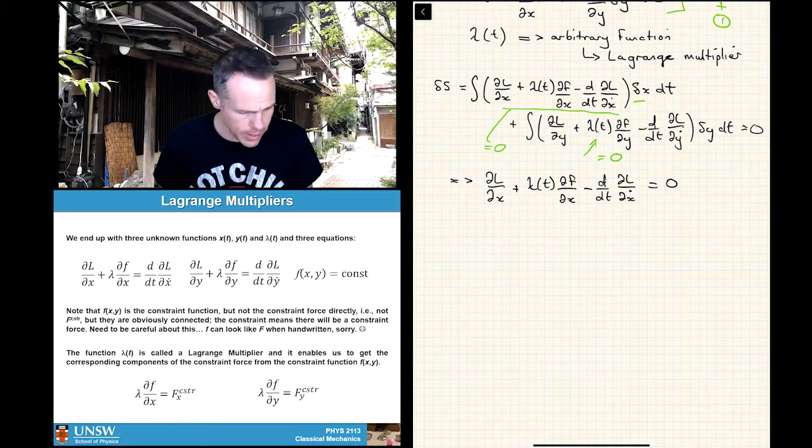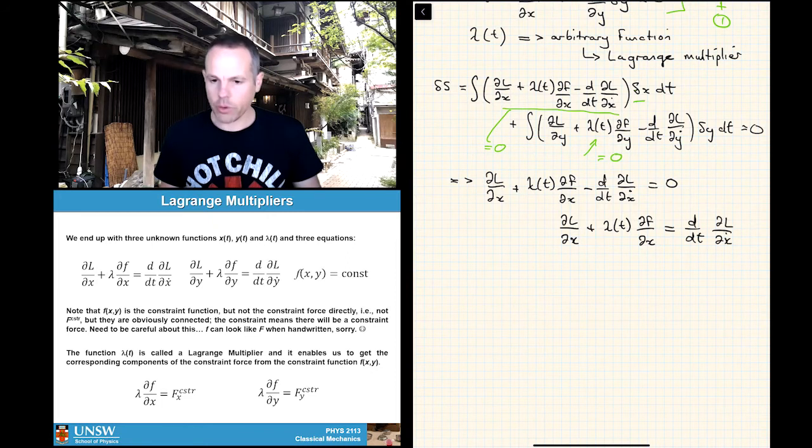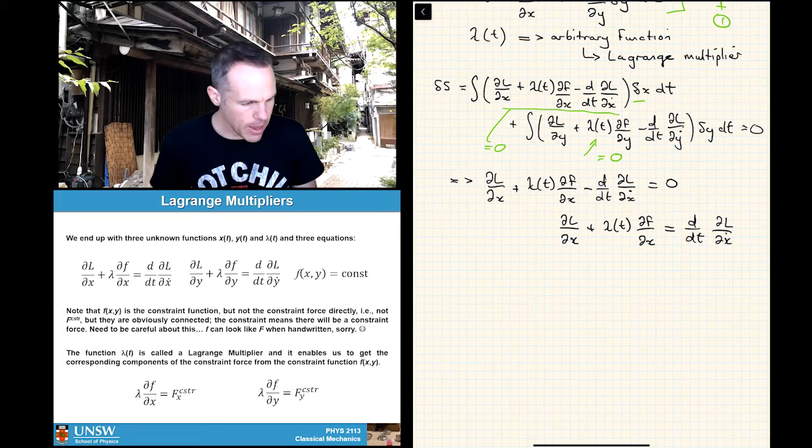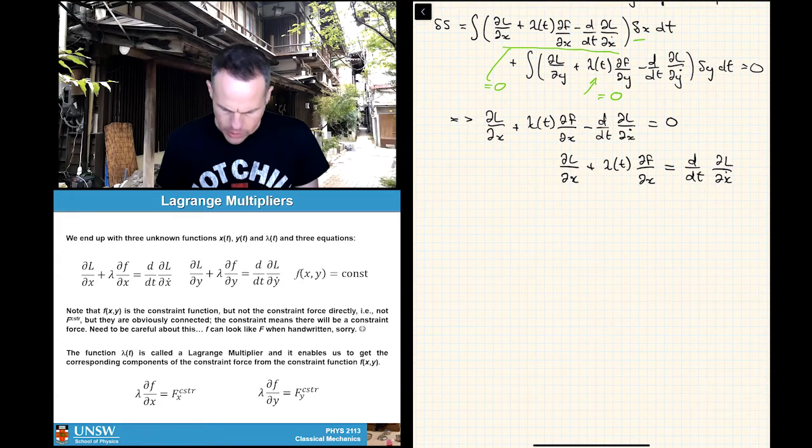Or another way to write this is as dL/dx plus lambda of t dF/dx is equal to d/dt dL/dx dot. And there would be an equivalent equation for y, okay? And so now that we've done this, you're probably seeing a little bit of what's going on in here, okay?